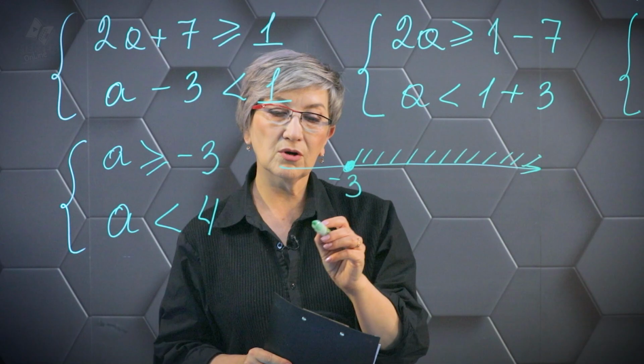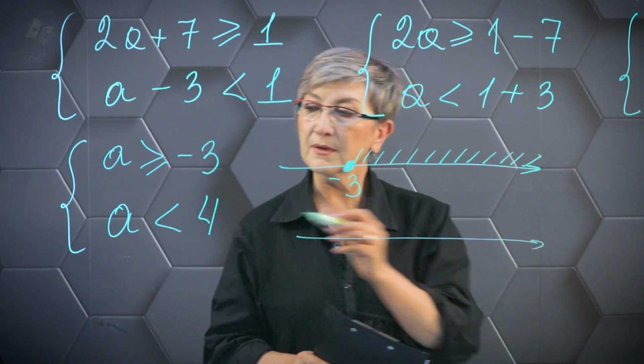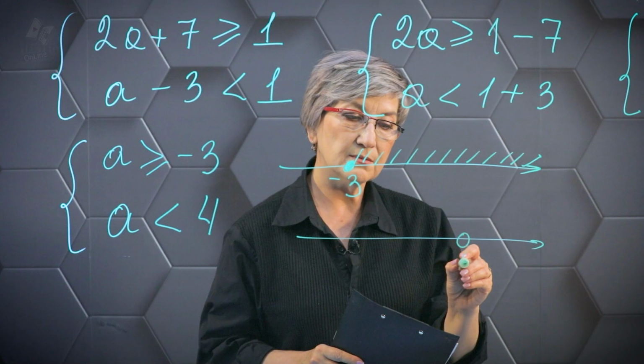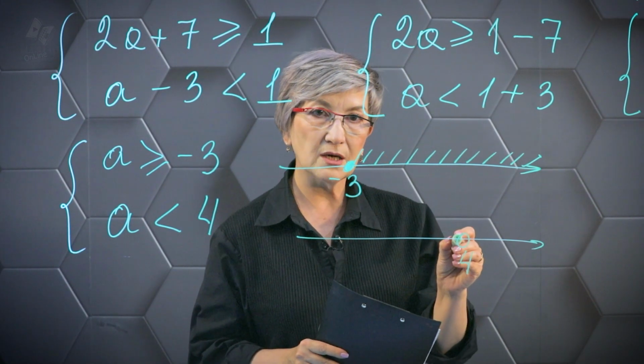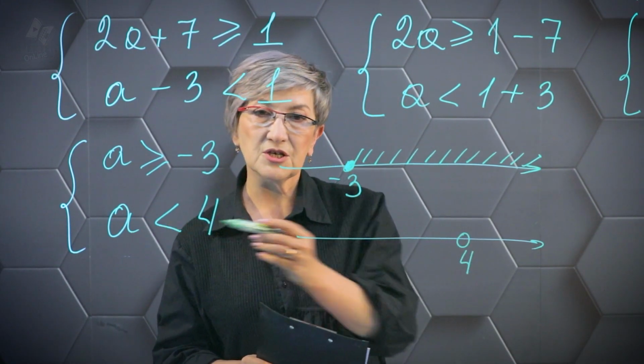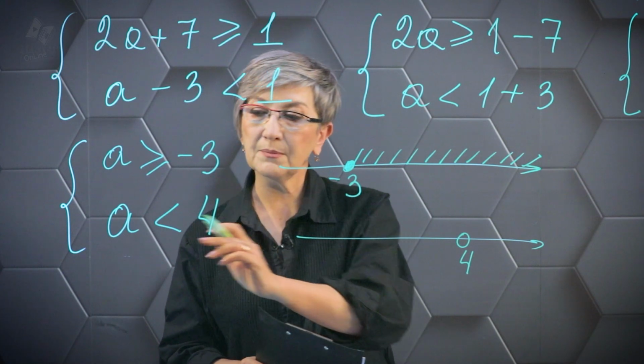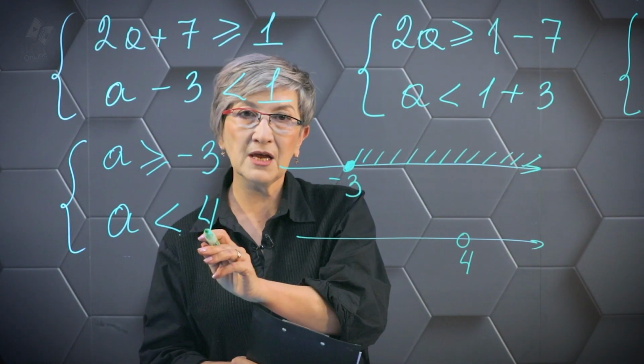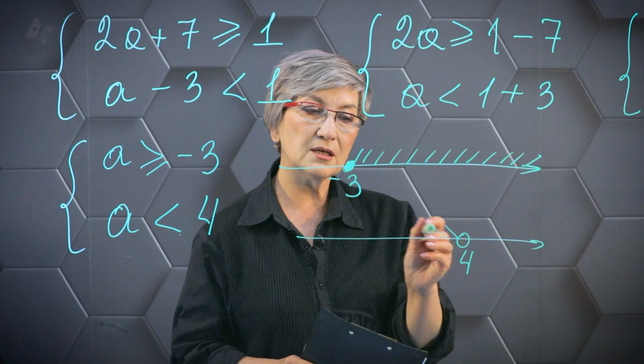Now let's look at the second solution. a is less than 4, the point 4. This point is empty, and all values to the left, since the sign is less than. All values that are less than 4 are to the left.